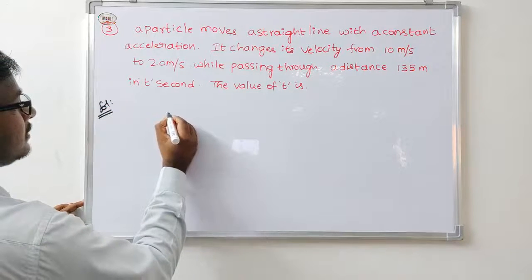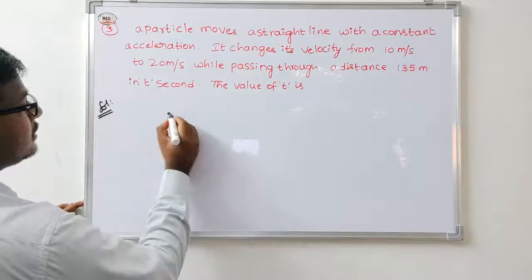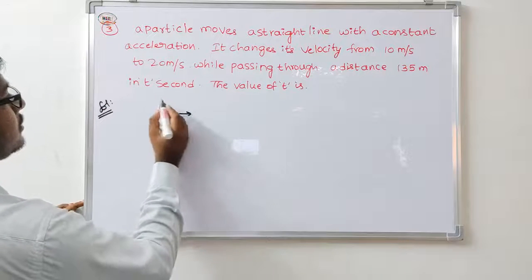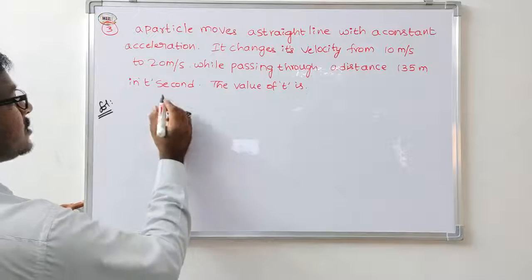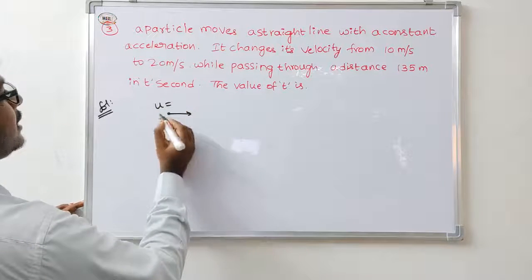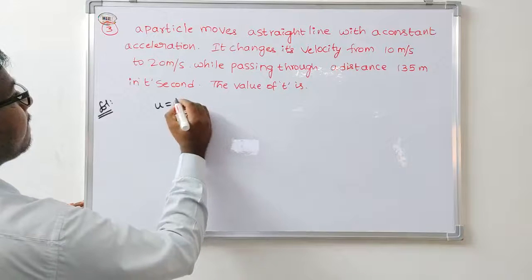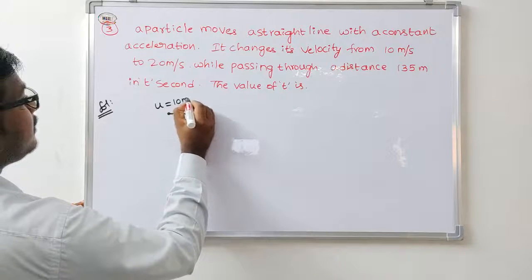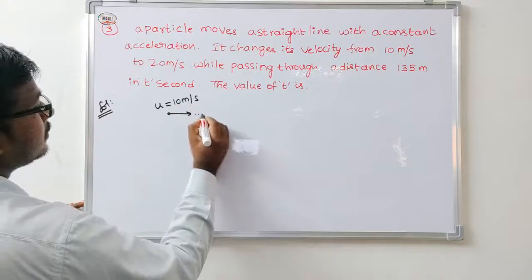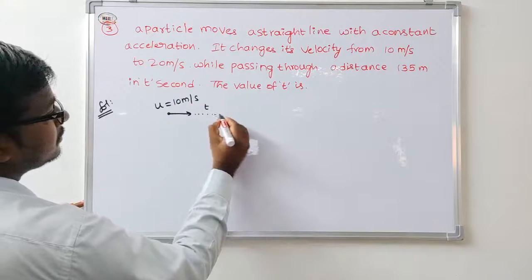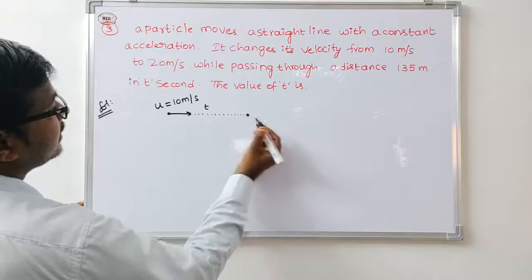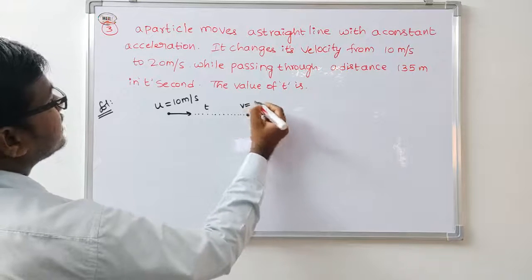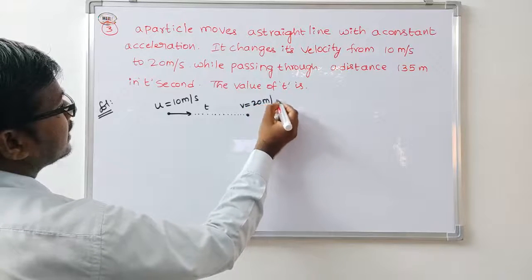Say this is the particle. The particle is moving with initial velocity u is equal to 10 meter per second. After some time, it becomes the final velocity V is equal to 20 meter per second.